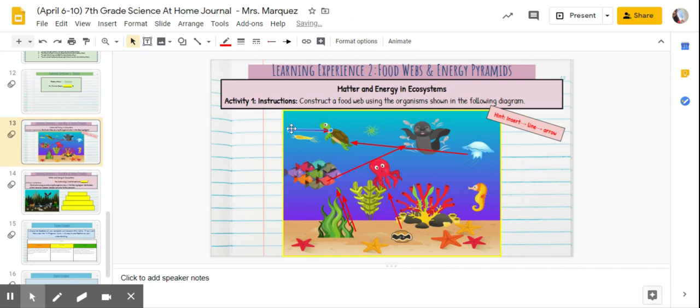This is like super awkward. And then the plants get eaten by fish. And who else? Jellyfish. Let's see. Jellyfish eat the plankton inside of the coral. How's that? Yeah, looks good to me.